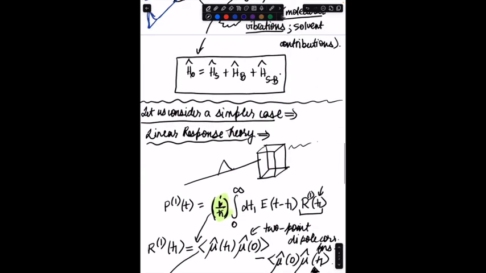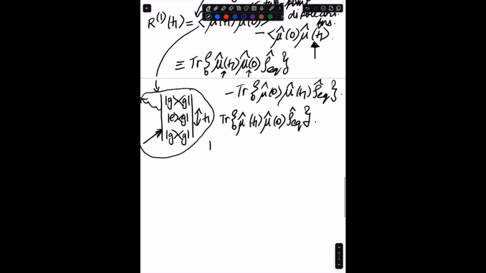So, as I previously described, your matter Hamiltonian is given by your system Hamiltonian, your bath Hamiltonian, and your system bath Hamiltonian. For your system Hamiltonian, we will consider a simple two-level system with a ground electronic state and an excited electronic state. Needn't be electronic specifically, could be vibrational too.